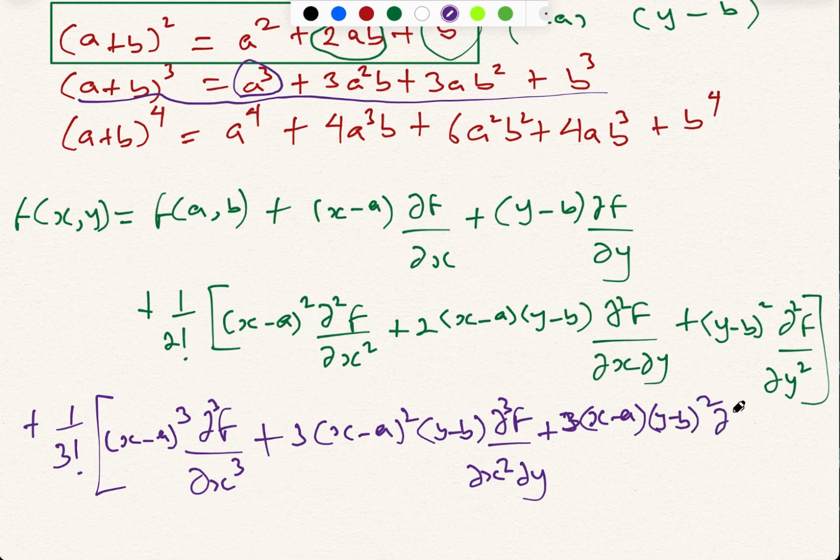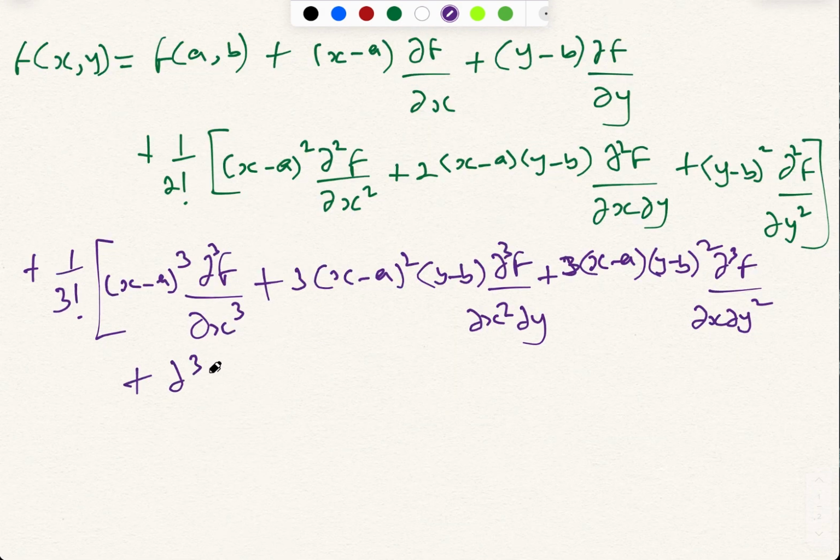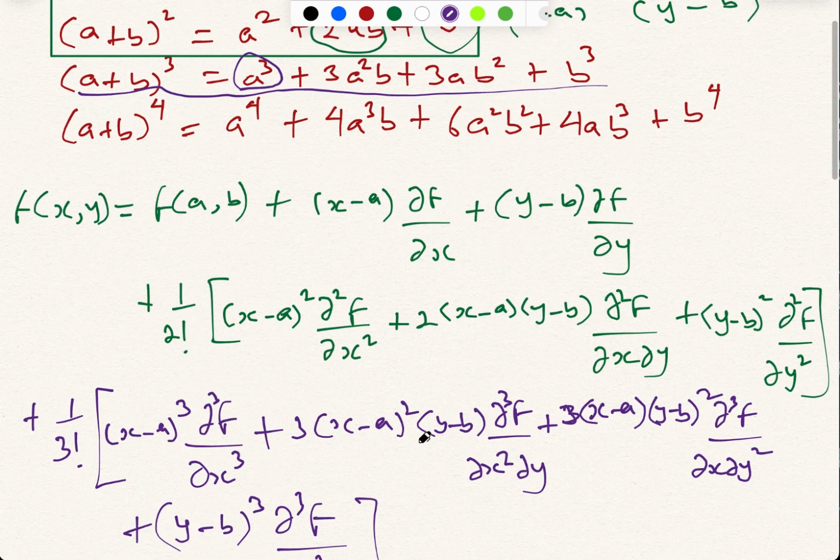So what you're going to have is the third partial derivative of f with respect to x and with respect to y twice. But we're not done. The last one is going to be y minus b raised to the power of 3. Then you have the partial derivative of f with respect to y 3 times. So this is the pattern that you follow.